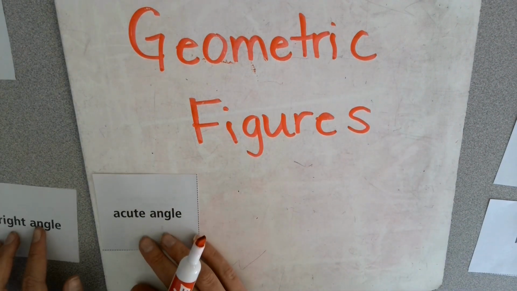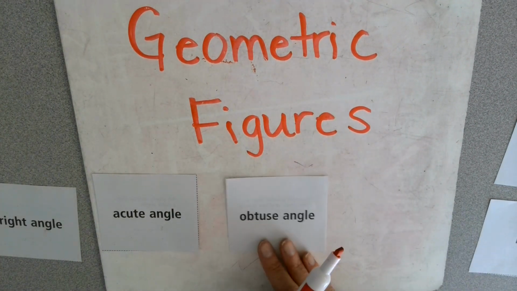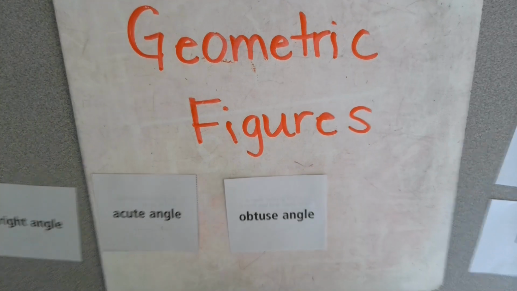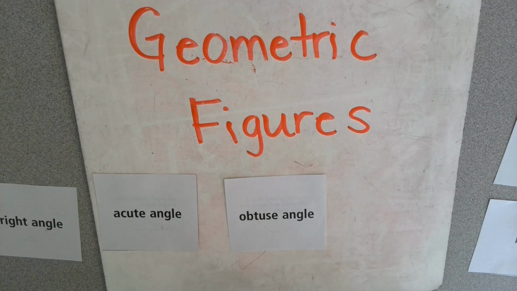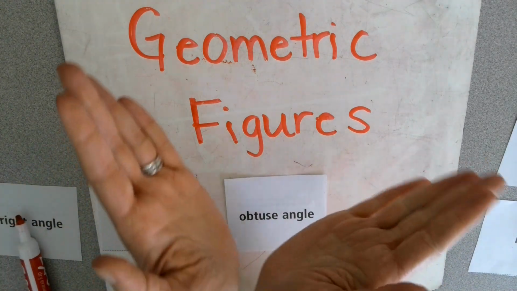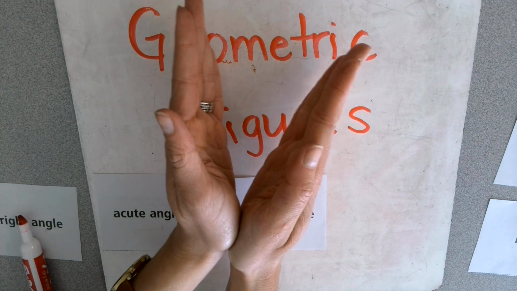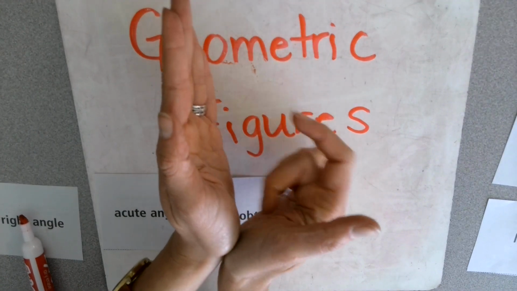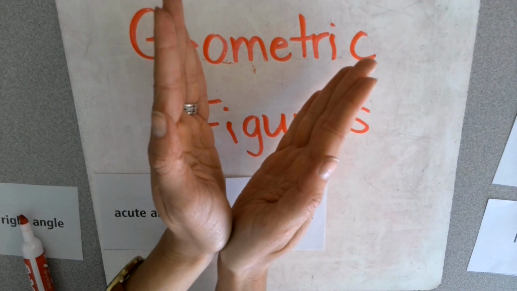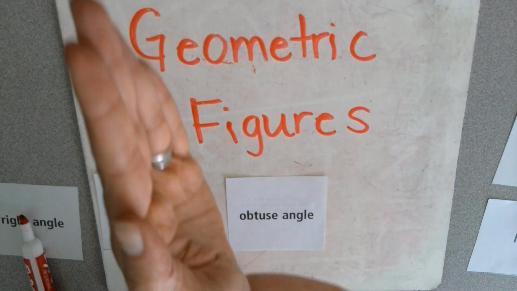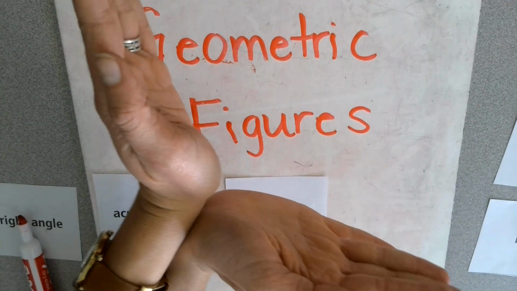And then the opposite of an acute angle is our obtuse angle. An obtuse angle is an angle that is larger than a right angle. So you have your right angle, you have your acute angle, which is smaller, less space in the middle. And then you have obtuse.